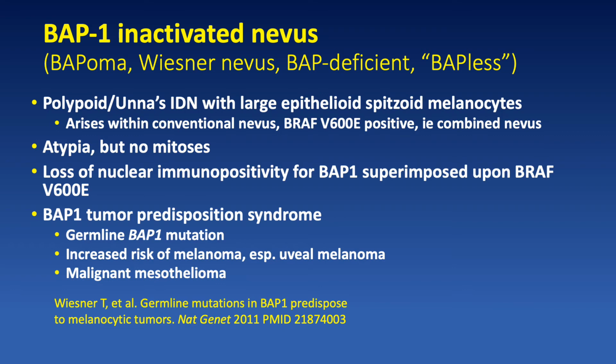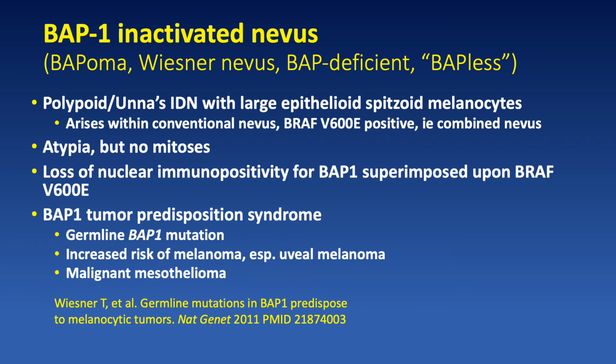Similar to the situation with the deep penetrating nevus, this is regarded as a form of combined nevus with a second hit, this time involving inactivation of the tumor suppressor BAP1 on top of an activating BRAF V600E mutation forming the first part of the nevus.